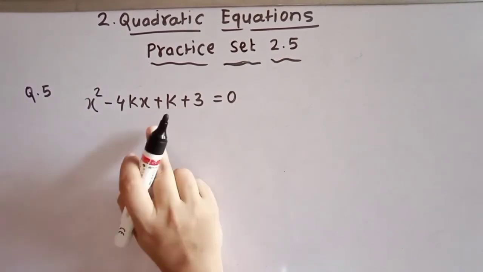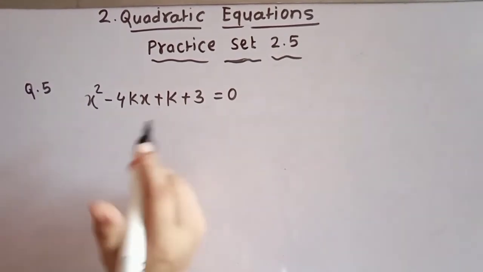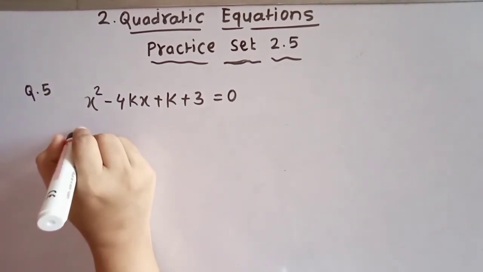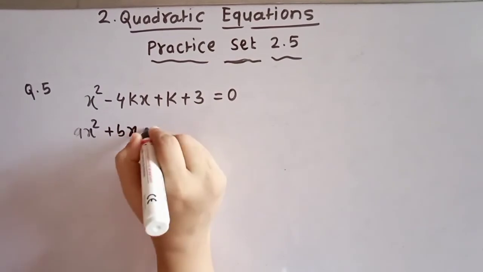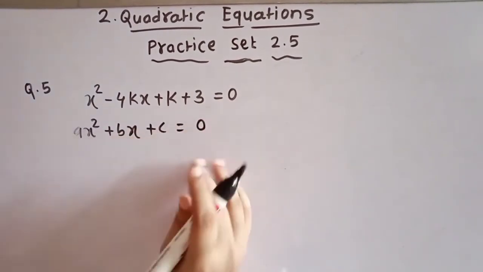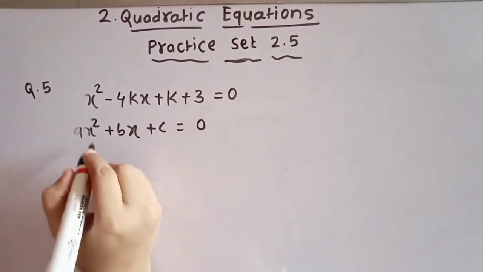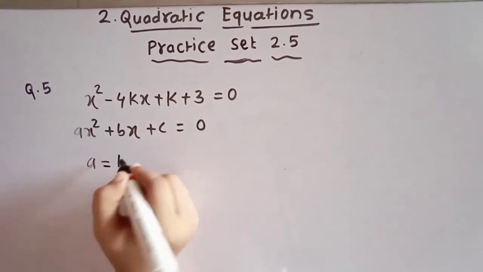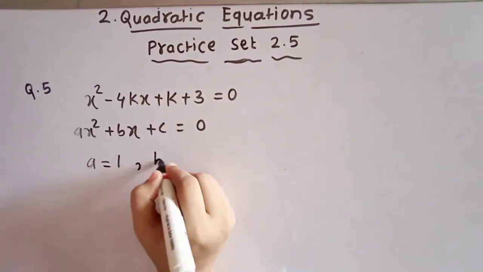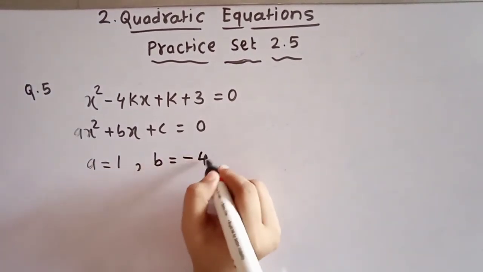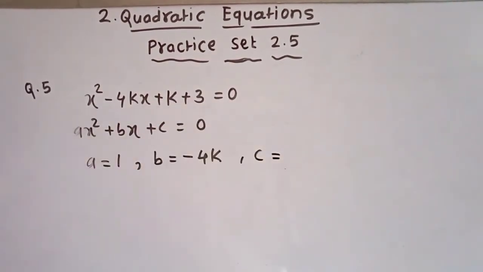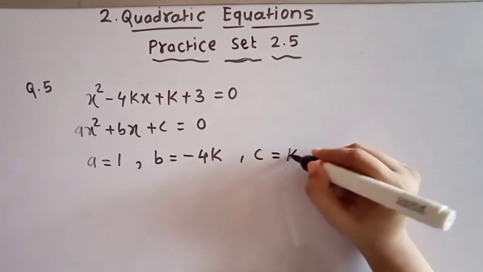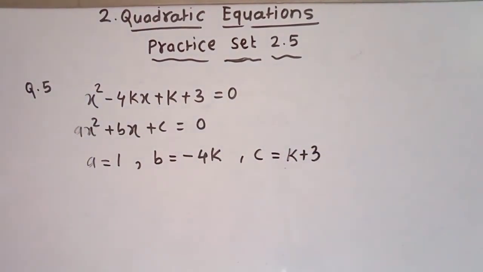If you compare this equation with the general form, ax square plus bx plus c is equal to 0, yes or no? So you will get a is equal to 1, b is equal to minus 4k and c is equal to k plus 3. Yes or no? Now what is the relation given?